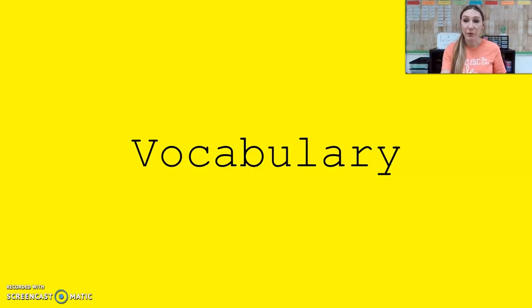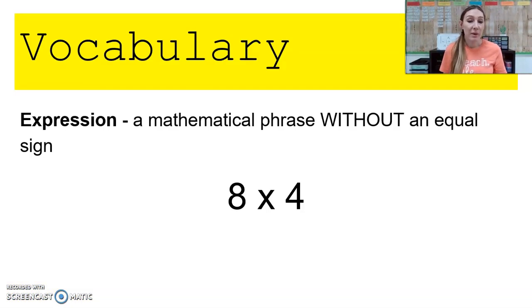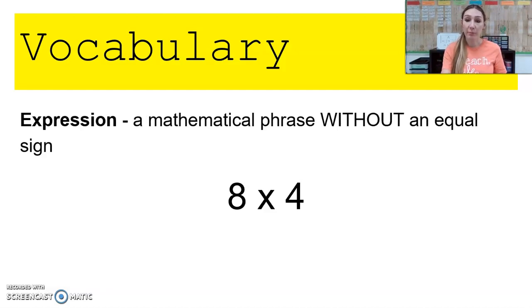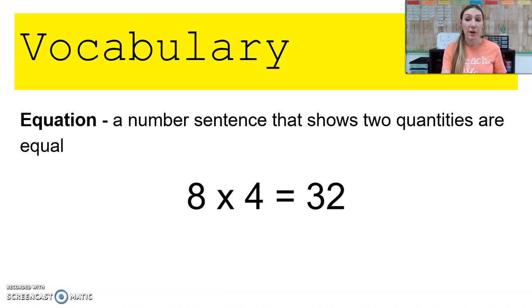Let's go ahead and review our vocabulary before we get started on our lesson. So remember, an expression is a mathematical phrase without an equal sign. An equation is a number sentence that shows two quantities are equal. So if you notice in our expression, 8 times 4, there is no equal sign. But in our equation, 8 times 4 equals 32, there is an equal sign.